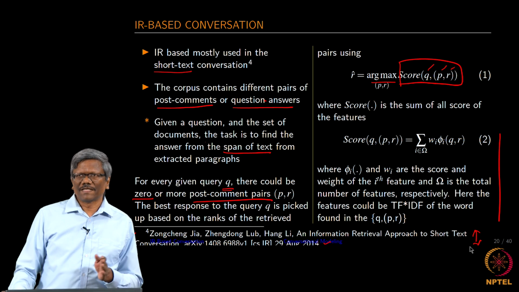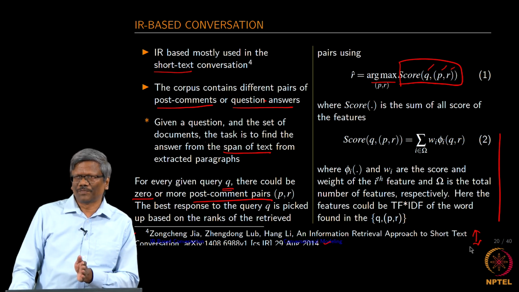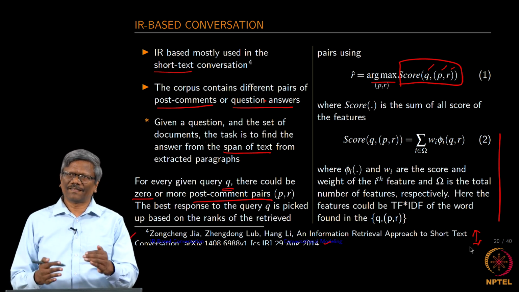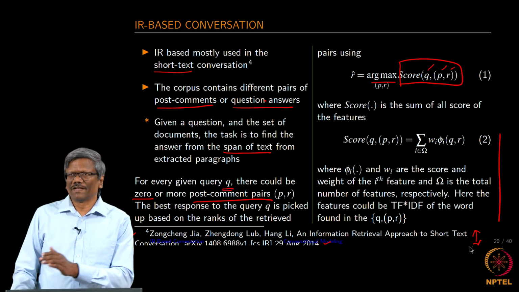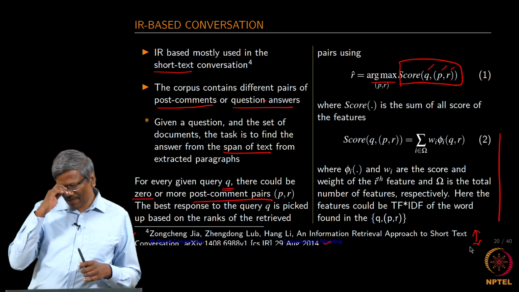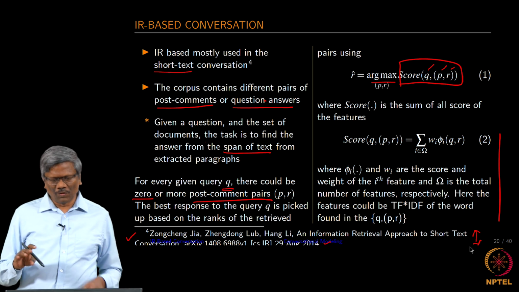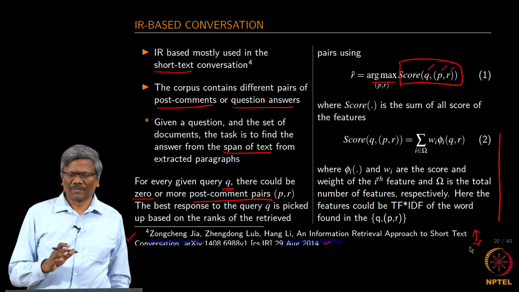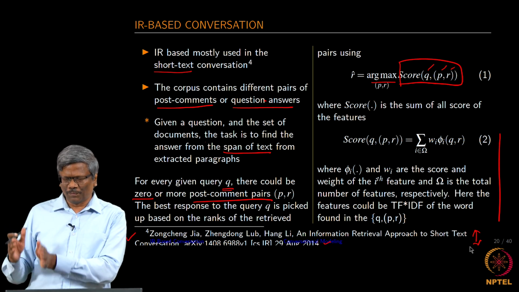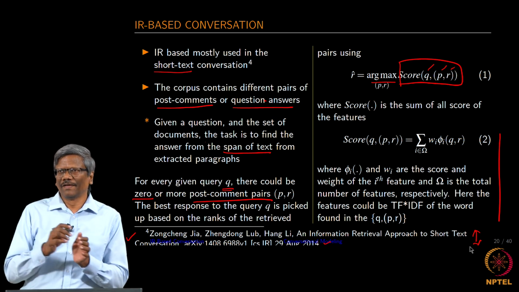You try to match the query and the post and the response, get a set of the post and response pairs, and then try to find the score for each of those, for the query and the post and response pair.